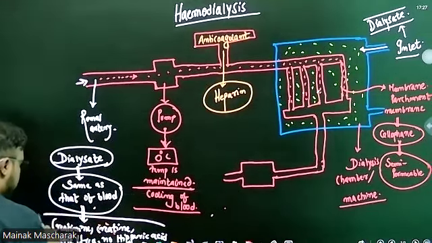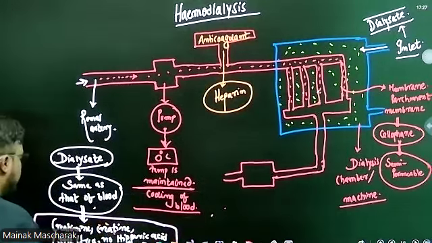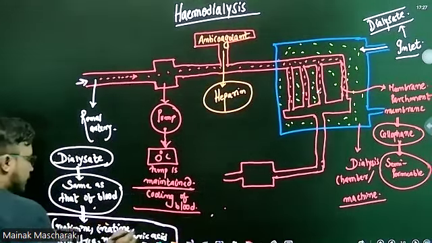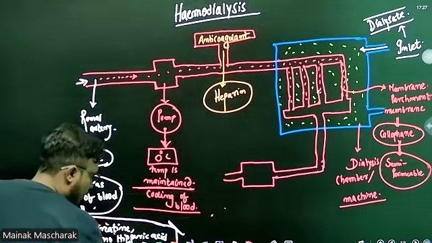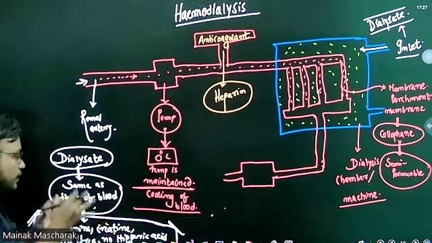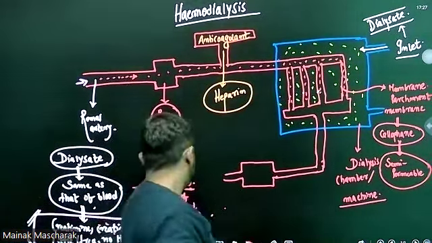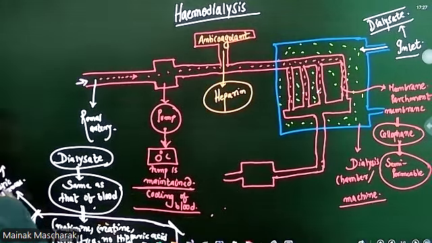So what are the changes in the dialysate? There is no creatinine, no creatine, very little urea, and no hippuric acid. So what are these substances? These are the toxic substances in your body which cause the abnormalities.